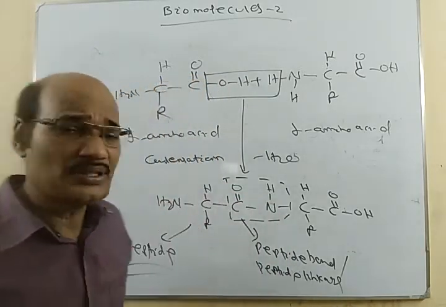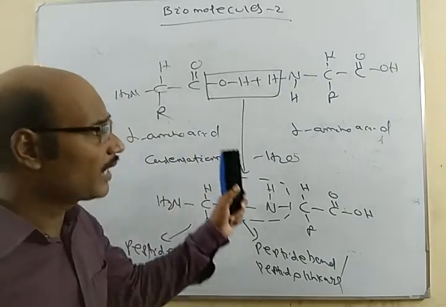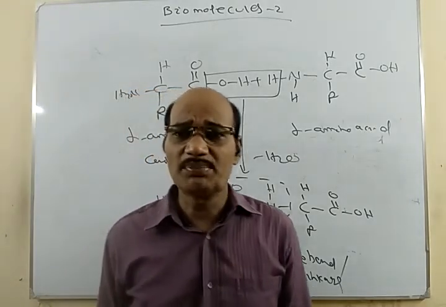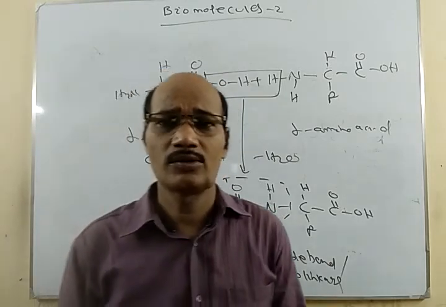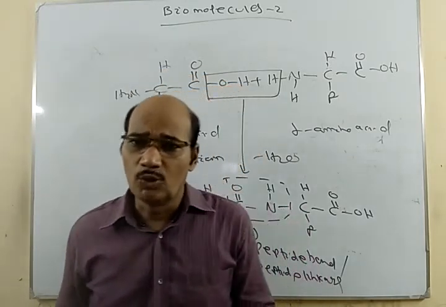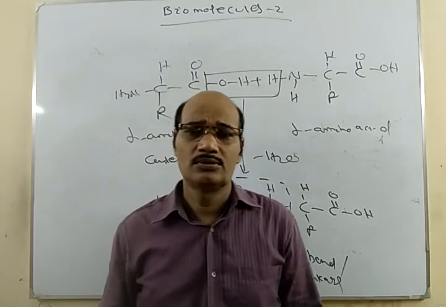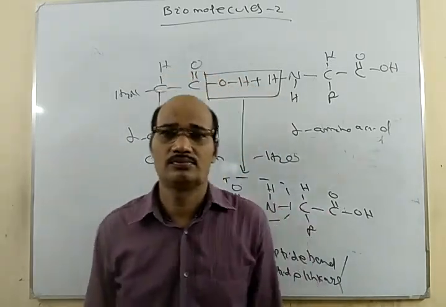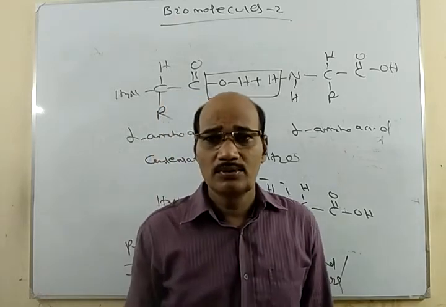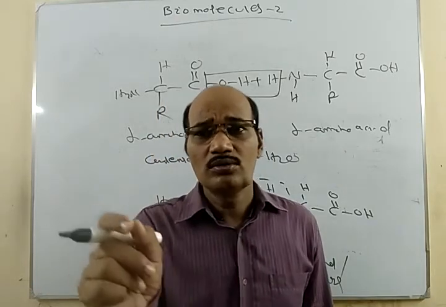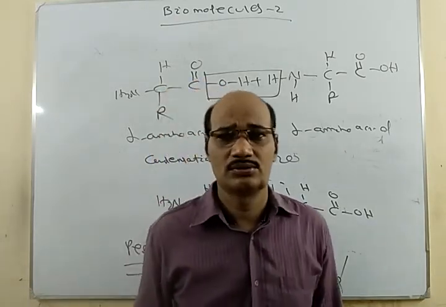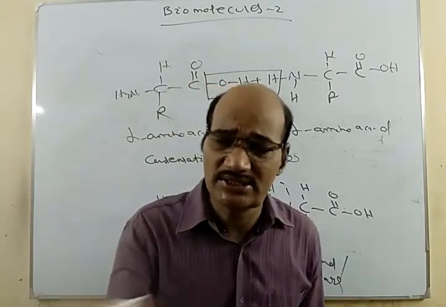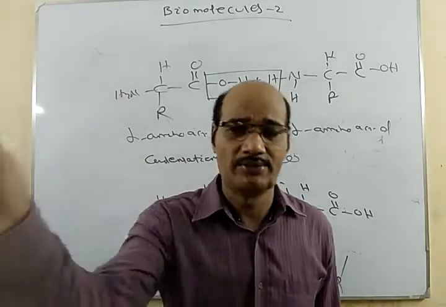So depending upon the number of amino acid molecules condensed, the peptides can be oligopeptide, polypeptide, or protein. If 2 to 9 molecules of amino acids are condensed, it is called the oligopeptide.